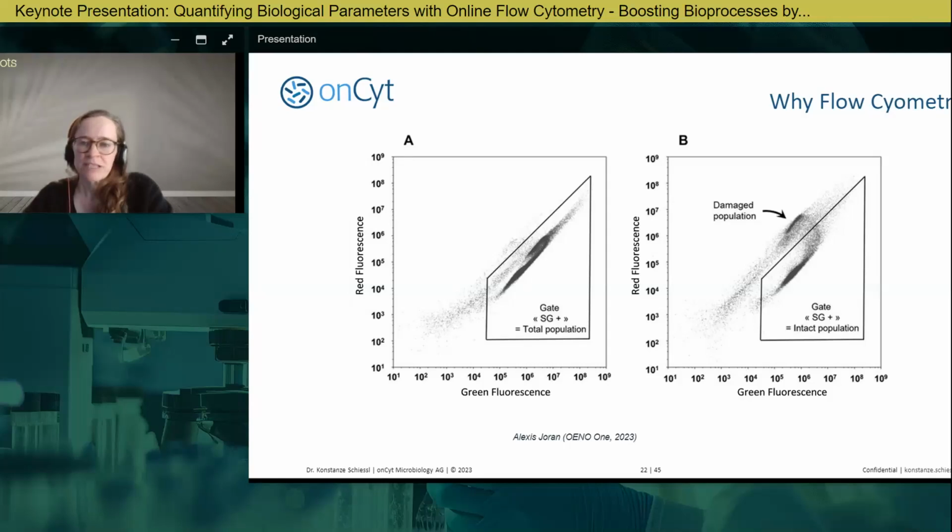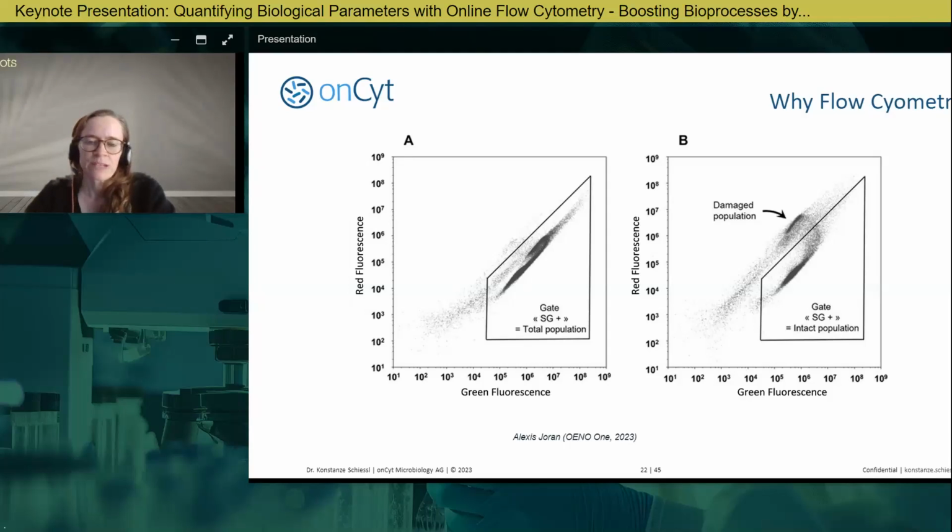What we often notice is that the damaged and intact populations, as you can see here, also form different clusters in the green even before you add the red. So you can often see a zoom into your population that you might not see with other methods, because the stains bind to biological molecules and this often reflects real and relevant heterogeneity in your populations.